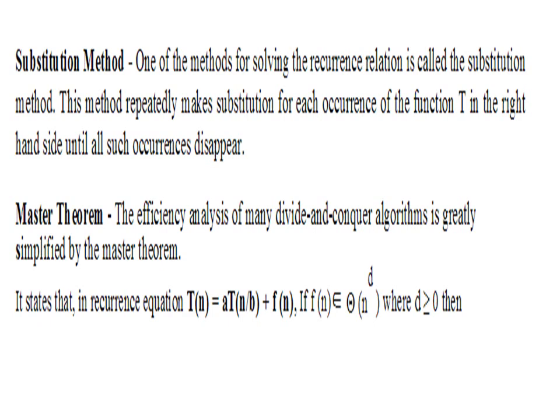This process will continue until no more substitution is possible. We have already studied this substitution method in the analysis of recursive algorithms in our first module, and we have also solved many problems using this substitution method.